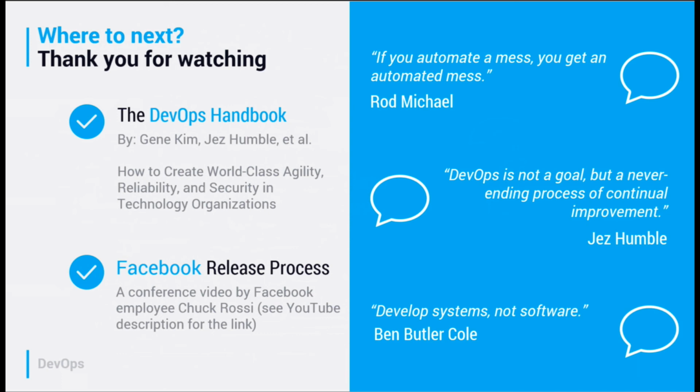Jez Humble pioneered the idea of continuous delivery, and as he noted in the book, DevOps is not a goal, but a never-ending process of continual improvement. This makes sense because the goal is to remove barriers, eliminate waste, and produce faster. And that's what the Agile movement is all about.